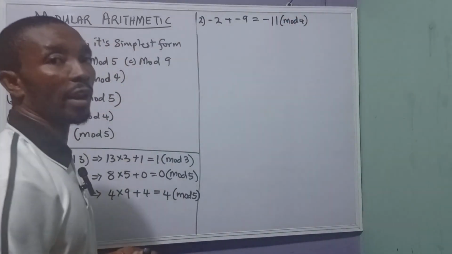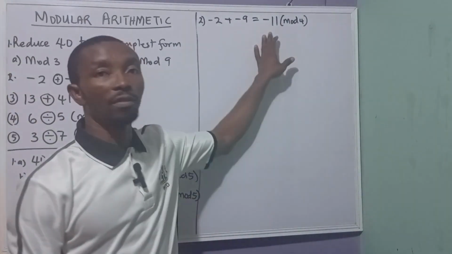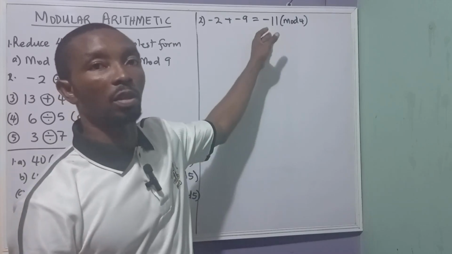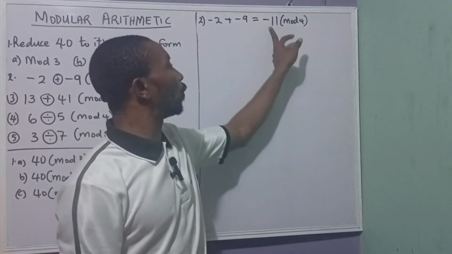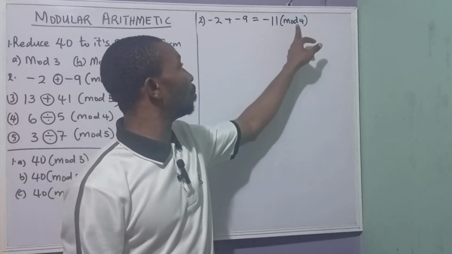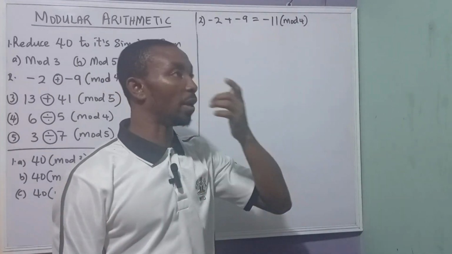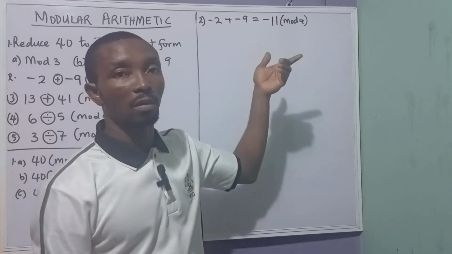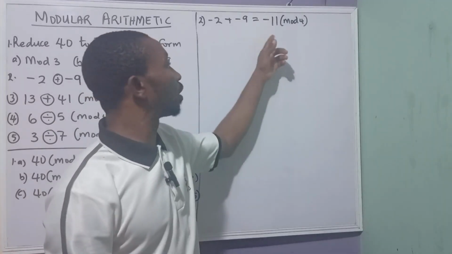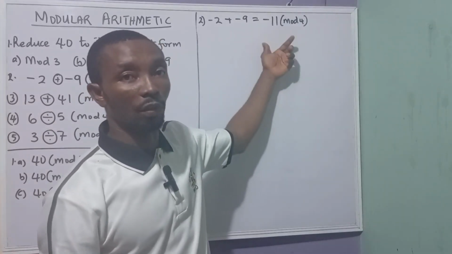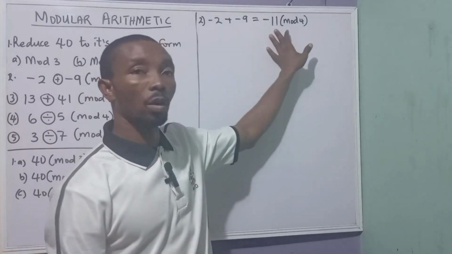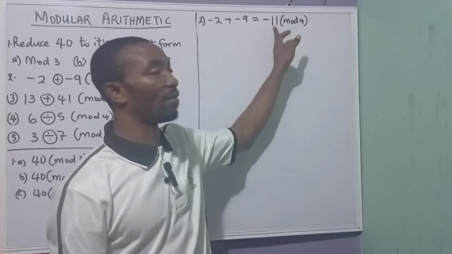Now, the easiest way to work with a negative is to find the positive value. For mod 4 in the positive, 11 will be 2 times 4, which is 8, plus 3 to give us 11. But now, since you're working with a negative, we have to find a higher value.